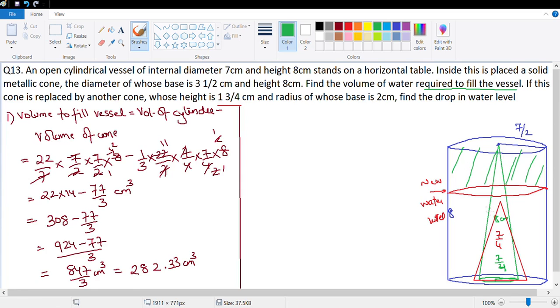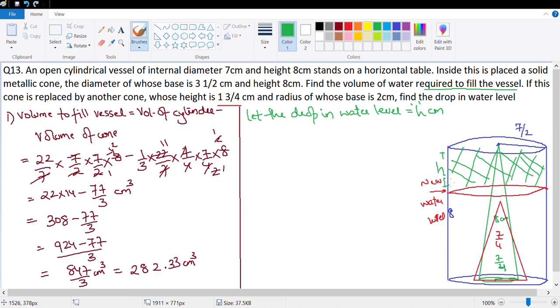Obviously the cone is not there. So this part is empty. We need to figure out the drop in water level. Let this height be h. Right. So let the drop in water level equal h centimeter.